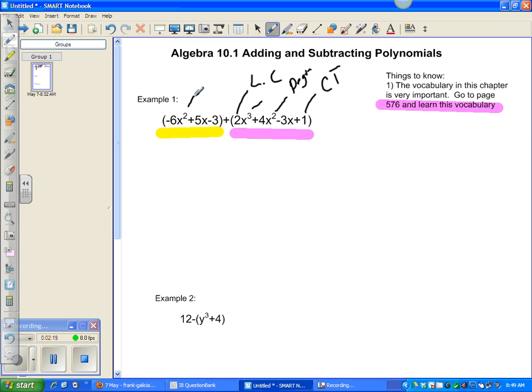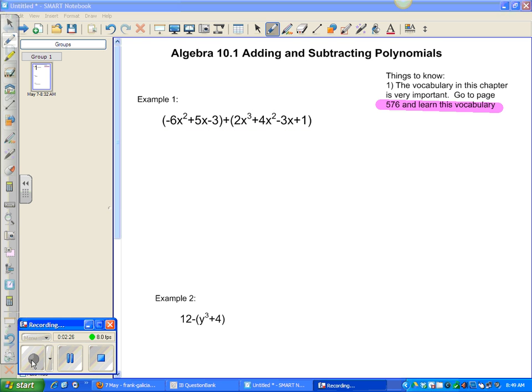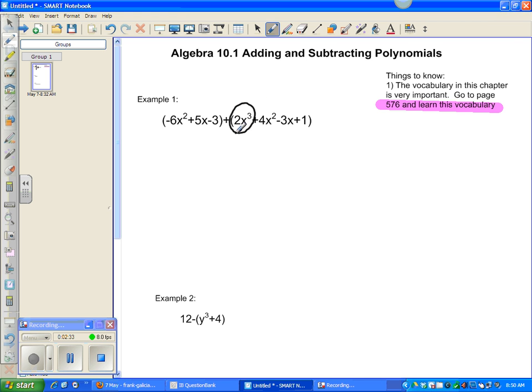So let's challenge this problem, and it's a pretty simple problem in that what we need to do is combine like terms. Let's start with one that doesn't have a like term. This is the first one right here, and I'm just going to write 2x cubed. I have a like term with this one and this one: negative 6x squared plus negative 4x squared gives me negative 10x squared.